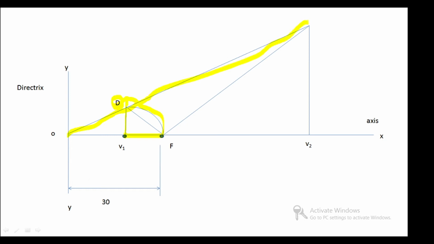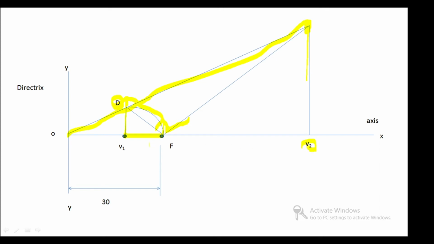After that you draw a line from the focus perpendicular to FD. At the intersection you got, draw one vertical line and note it as V2.